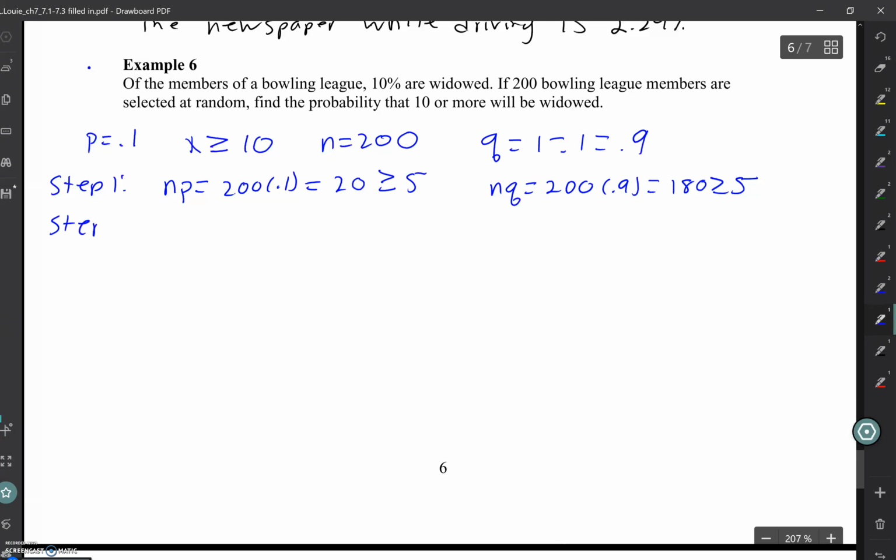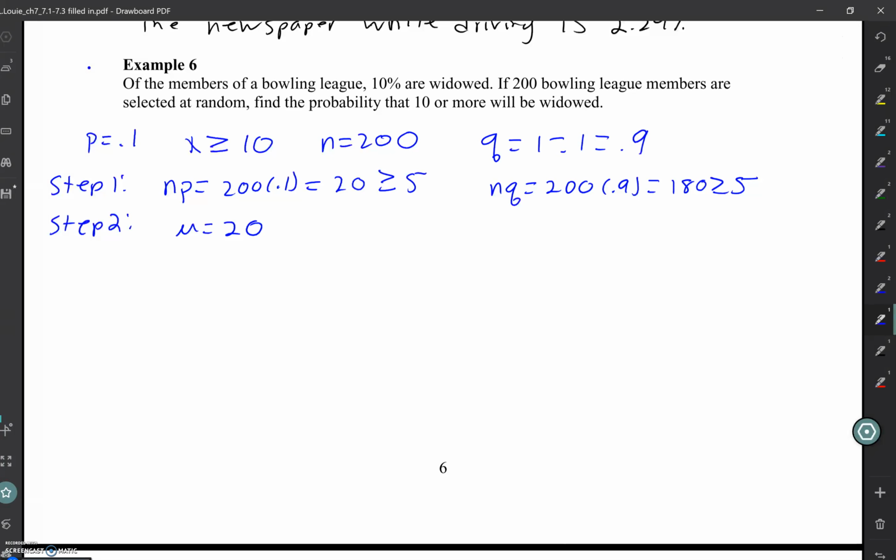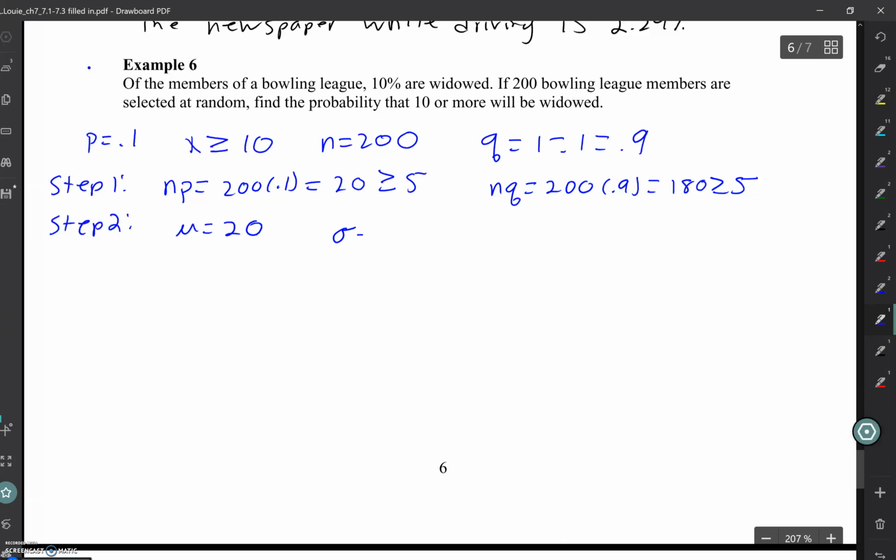So if I'm going to use the normal distribution, I need a mean and standard deviation. What's my mean? 20. N times p. So we already got it in the step above. It's 20. I do need to calculate the standard deviation. So the square root of n, which is 200, times p, 0.1, times q, 0.9.